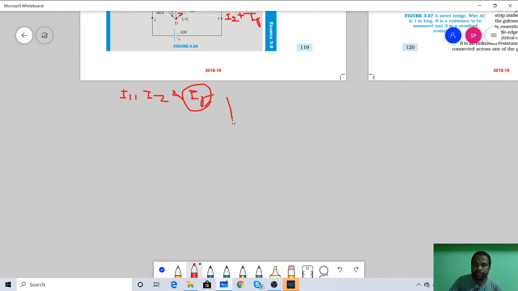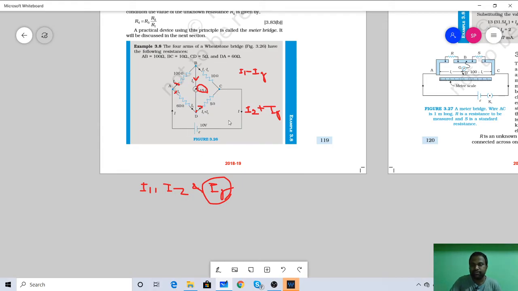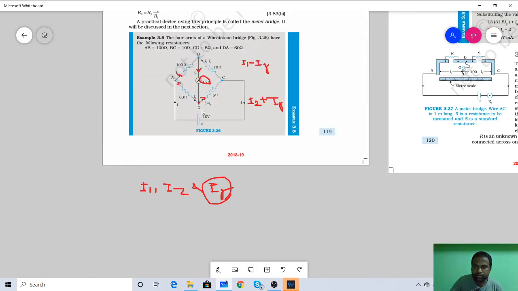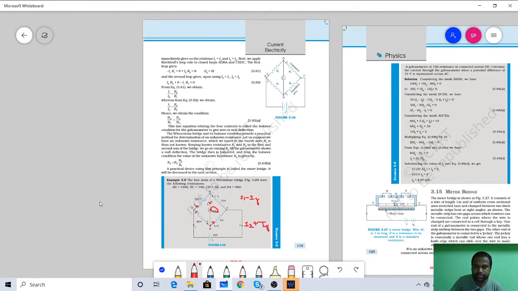So how will you calculate Ig? As you know, there are three variables, so at least we require three loops, so that we get three equations. From these three equations we can calculate I1, I2 and Ig. So you can see three loops here, and we'll use the loop law.